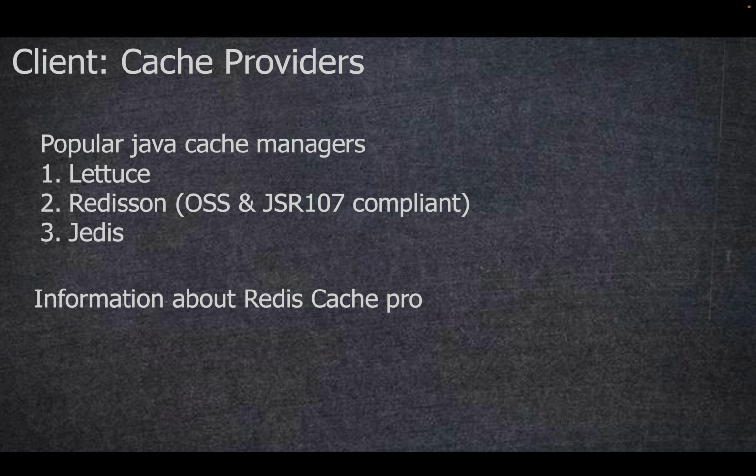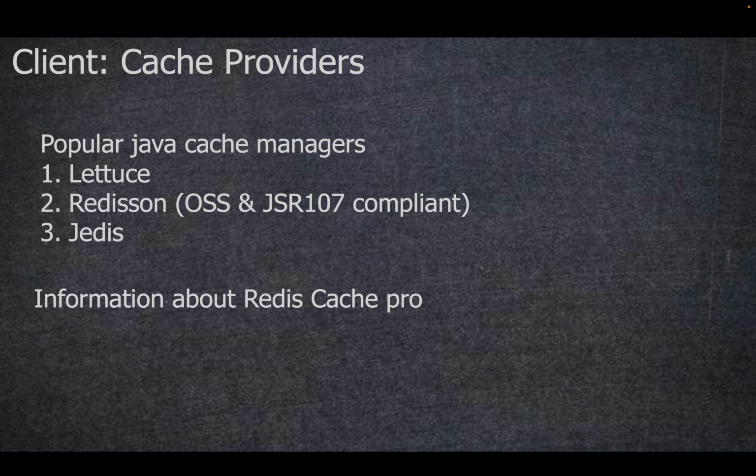That is, if you have the Java client, the cache provider on the class path, Spring automatically detects and auto configures for you, whether it is JSR or non-JSR, because then you will be using Spring abstraction. And it is Spring Cache Manager's responsibility to bind to the appropriate cache manager.